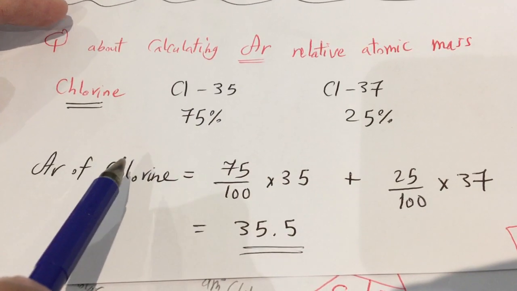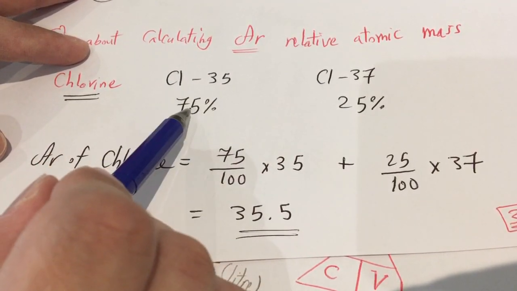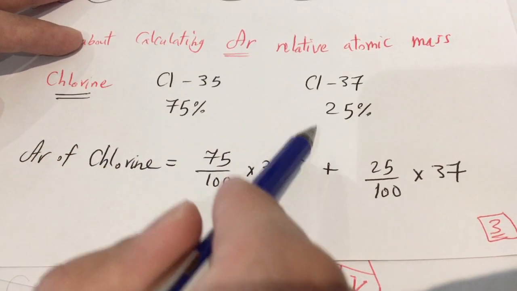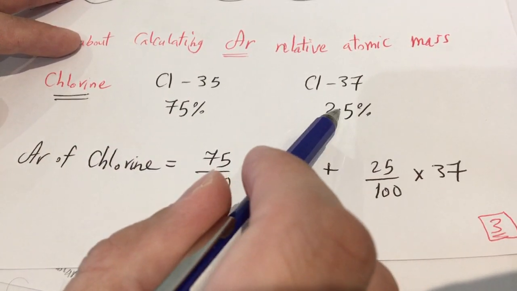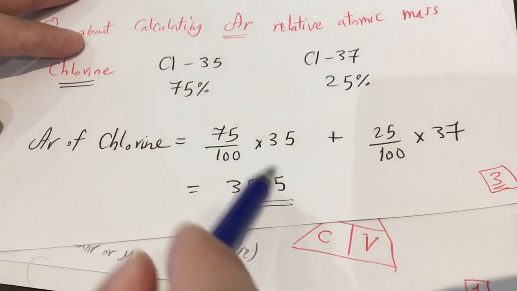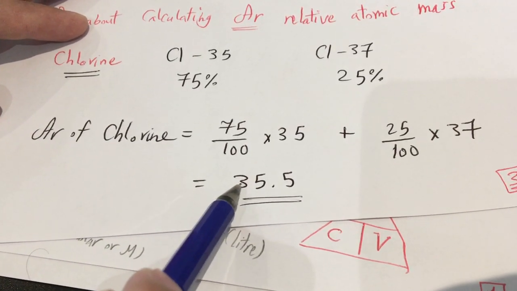So how to get the average? We multiply the percentage 75% times the atomic mass 35, plus the percentage 25% times the mass 37. In this way you get the average mass, the atomic mass of chlorine, which is 35.5.